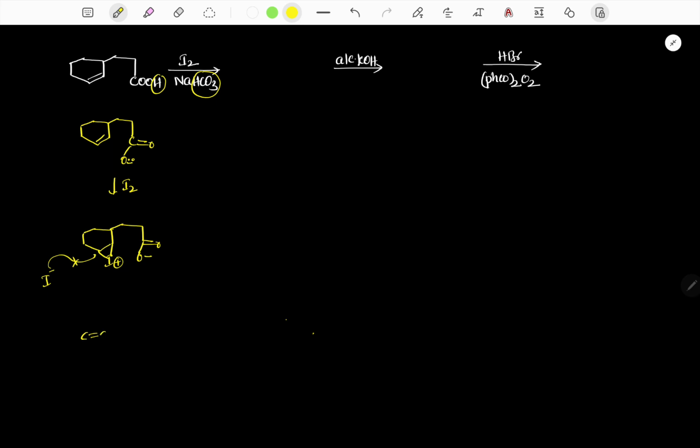We know that for alkene with I2, even though we expect this kind of reaction, the product is unstable. Immediately it converts back into the alkene, which means overall no reaction. That's why I minus is not attacking.